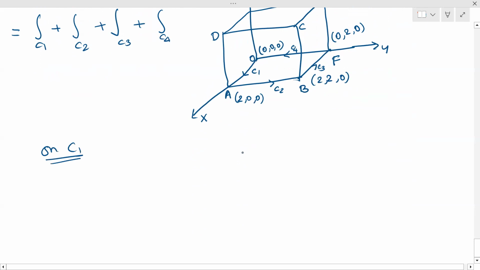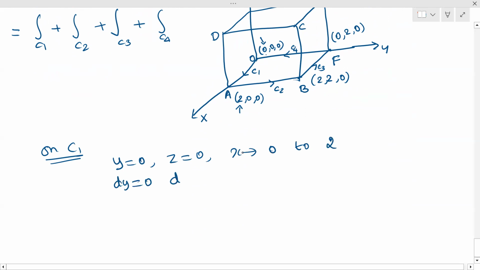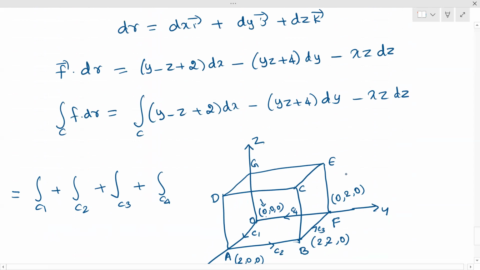See the line C1. Here x varies from 0 to 2, and y is 0 and z is also 0. So on C1, y equal to 0, z equal to 0 and x varies from 0 to 2. So y equal to 0 means dy is 0 and dz is 0. In our equation we put dy is 0, dz is 0, and also y is 0, z is 0.